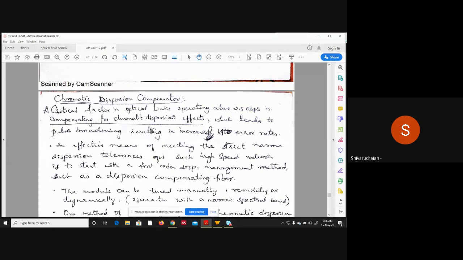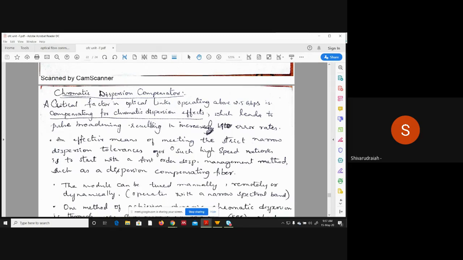Compensating for the chromatic dispersion effects will lead us to reduce the pulse broadening, thereby reducing the bit error rates. If the pulse gets broadened, the bit error rate will increase. So our intention here is to design such a device which will reduce the pulse broadening, thereby reducing the bit error rates. Once the bit error rates are reduced, the bandwidth will be increased, right?